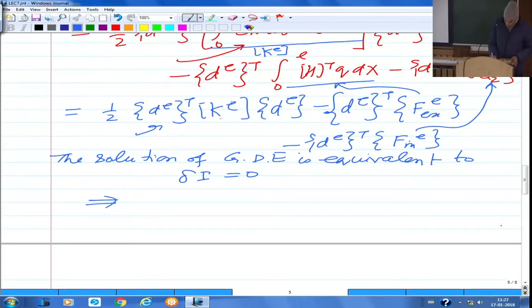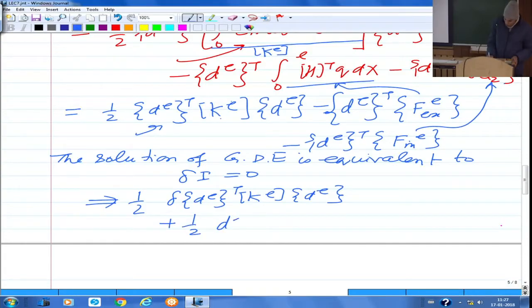So now we want to take the variation. Half, first the variation of the first term, delta of D transpose, then the rest goes as it is into DE. So this is the variation of the first into the rest of the things, with the half there, plus the variation of the second. So you have D transpose into KE into delta of dE.